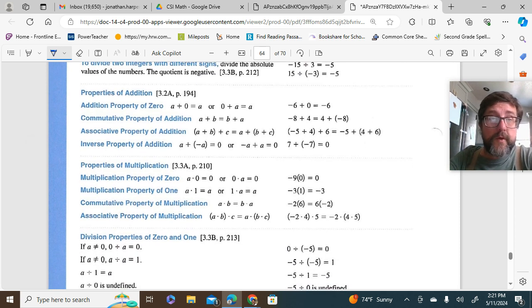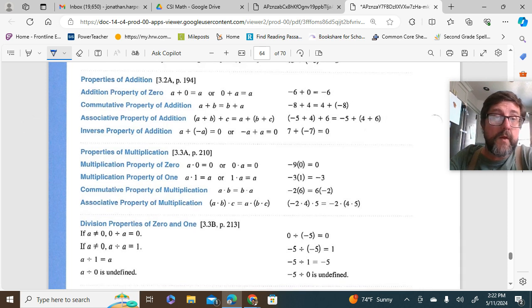Okay, properties of addition. Addition property of 0: if you add 0 to a number, it's never going to change it. The commutative property of addition says a plus b equals b plus a, so 1 plus 2 equals 3, but 2 plus 1 also equals 3.